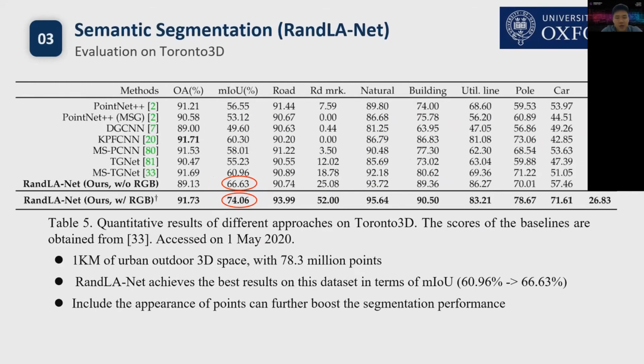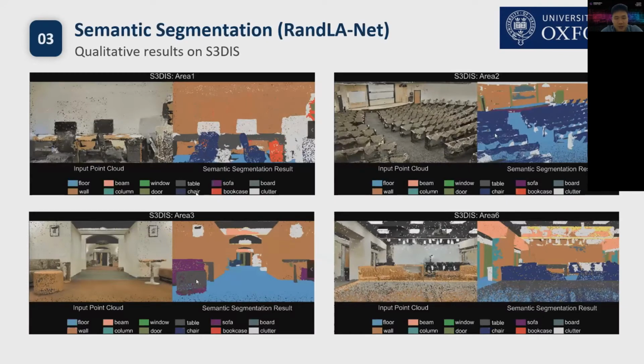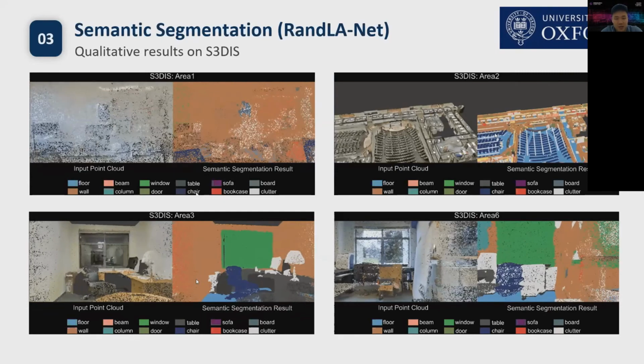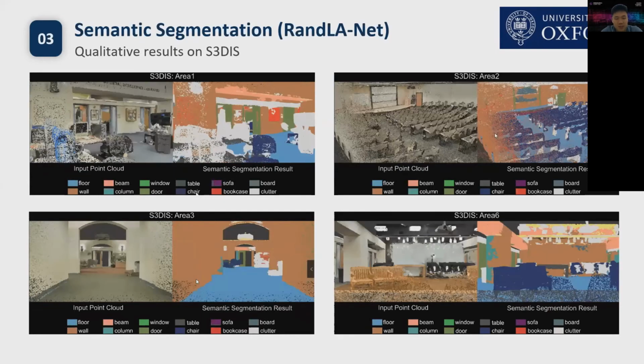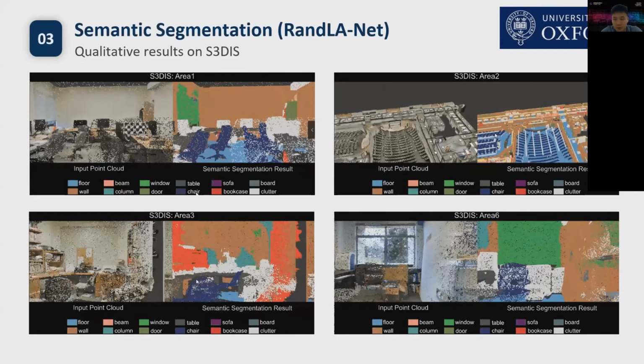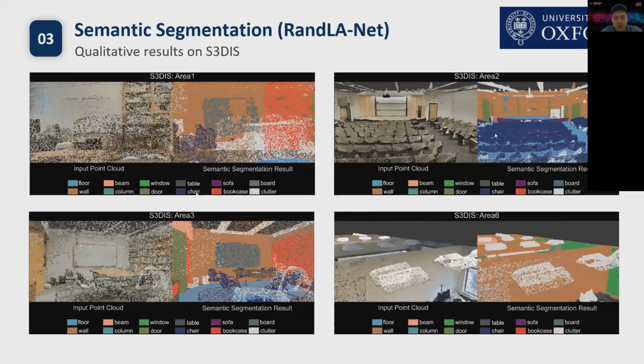And then we show the qualitative results of our RandLA-Net on the S3DIS dataset. As you can see, different colors mean different semantic categories. We can see our RandLA-Net can achieve consistent segmentation performance. And then is the result on the Semantic3D dataset.